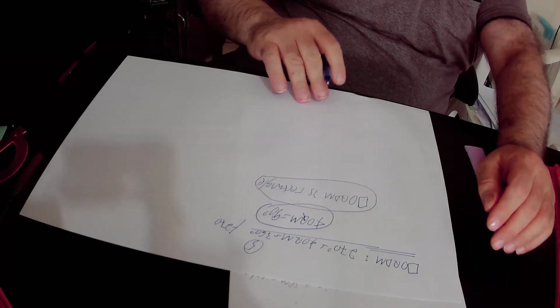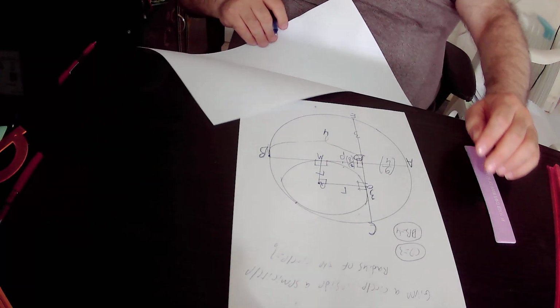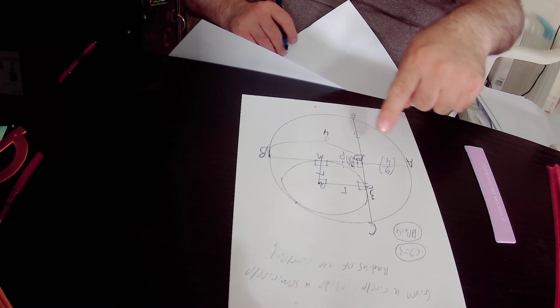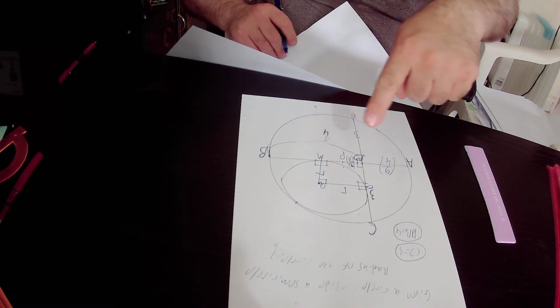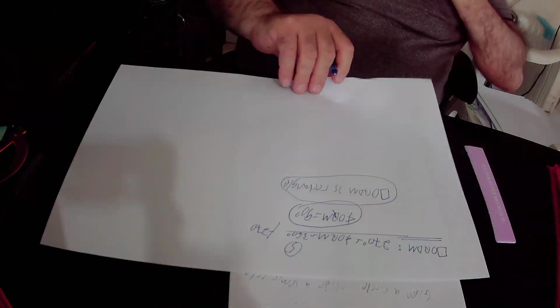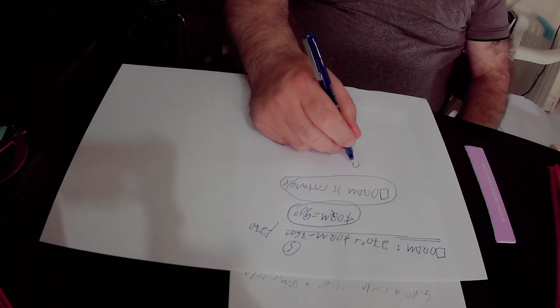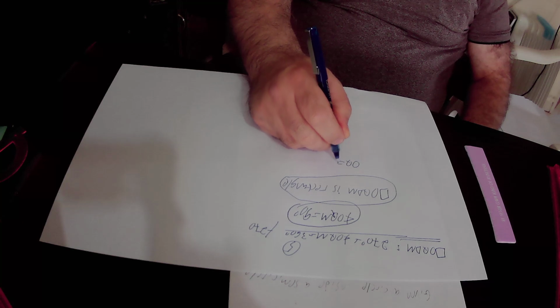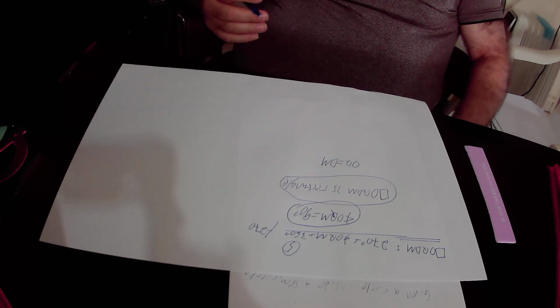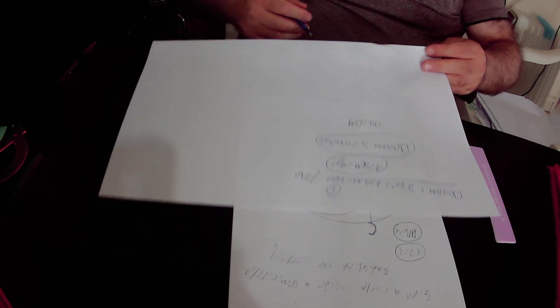Okay, and we also know that the opposite sides of a rectangle are equal to each other. That is to say, in rectangle OQDM, OQ must be equal to DM, according to the rule that the opposite sides of a rectangle are equal to each other.